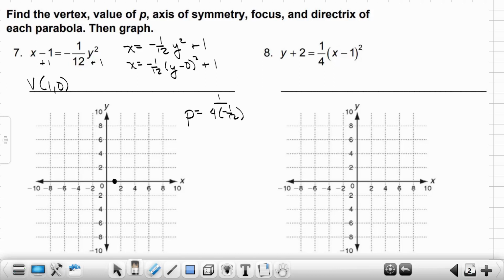If you want, you could consider that over 1, multiply straight across. We have negative 4 over 12. 1 over negative 4 over 12. So it's 1 over negative 1/3, which is negative 3.